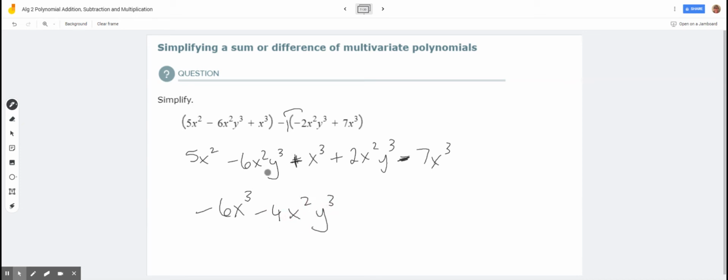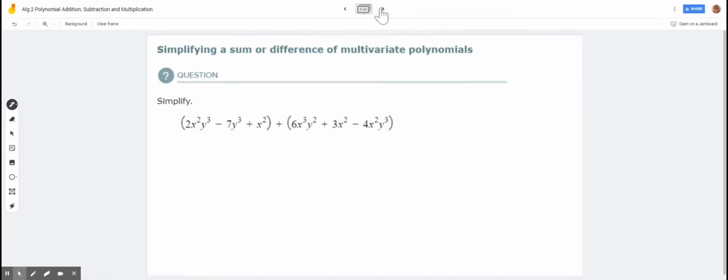Don't change what you're talking about. Think of this as a thing, a literal thing, like a circle. We got the same shape here. I got negative 6 of them, and I got 2, so I subtract and I keep that negative sign. Okay, and then put whatever's left. 5x squared is left. Okay, next.